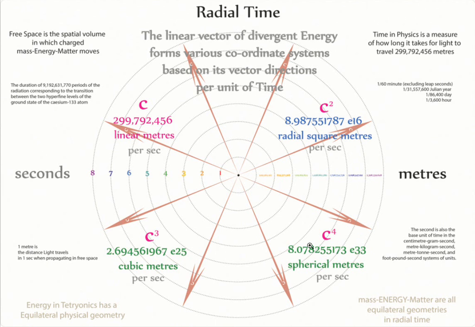The other way to create a c to the fourth measurement is where we have superpositioned energy fields. So c squared by c squared, where the two fields overlap and interact with each other via their energy momentum, as we discussed in the previous lecture.